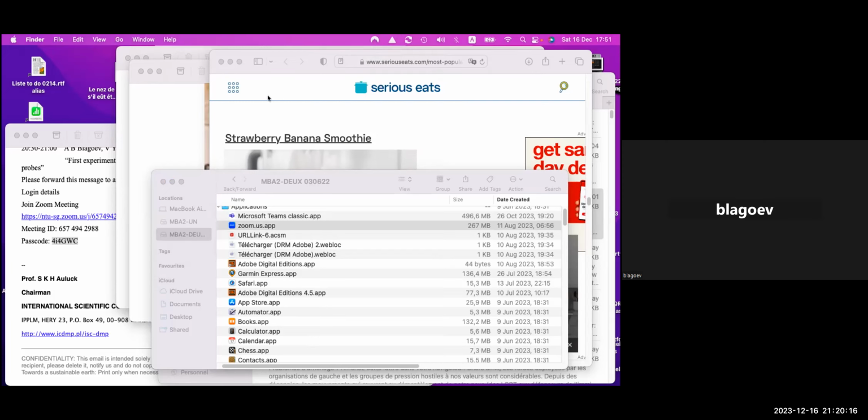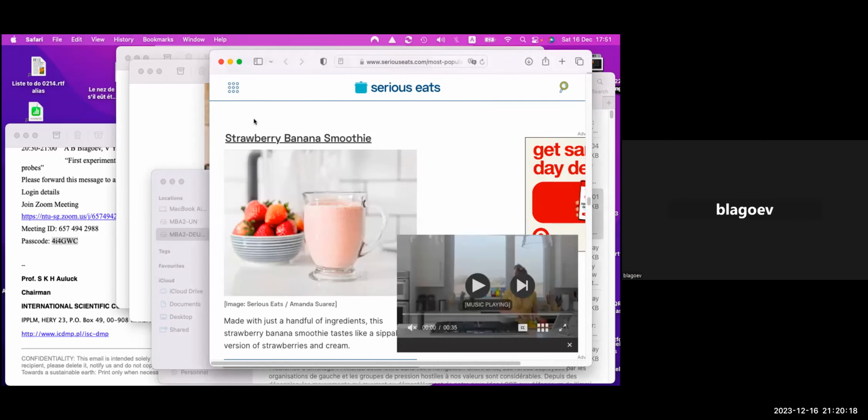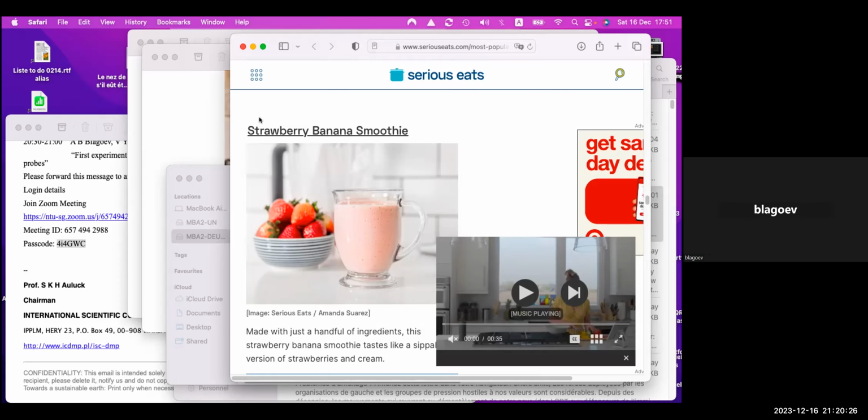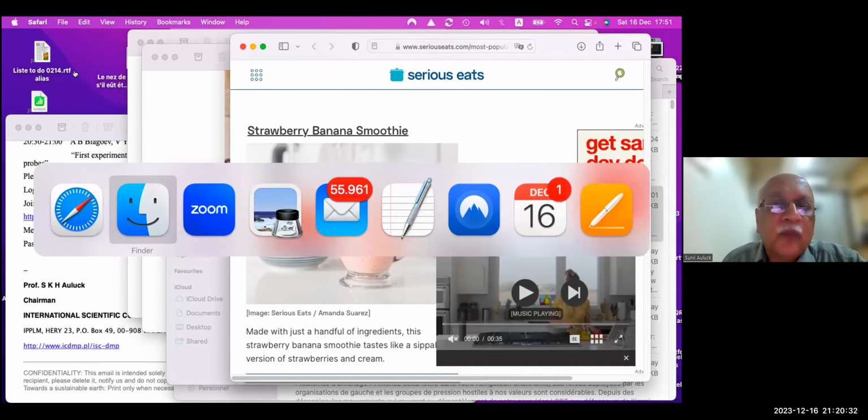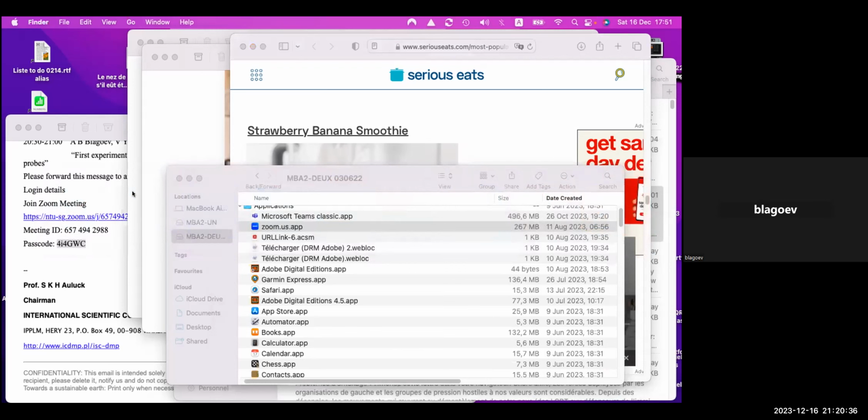I think you should close your other windows so that you leave only your PPT window. There are a lot of windows open here.